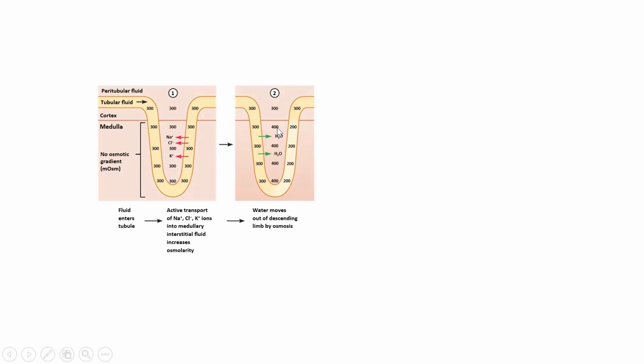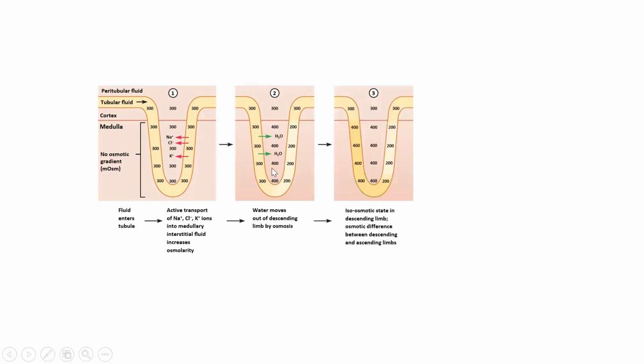So we've got an osmolarity of 400 milliosmoles out here because we've pumped solutes out, and because the filtrate in the tubule has a lower osmolarity, water passively moves out into that region.